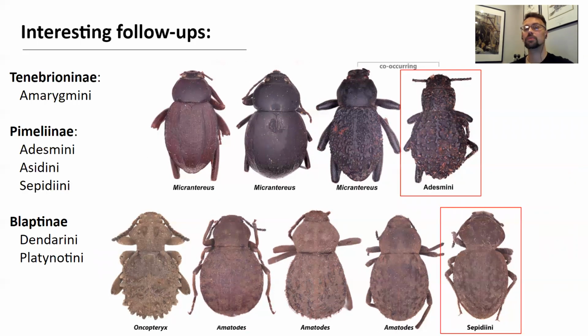Throughout the history, it was noticed that some of its members highly resemble many non-related Tenebrionidae groups, such as Amarigmini, Desmini, Acidini, Sepidini, and already mentioned Dendarini and Platinotini representing Blaptina.